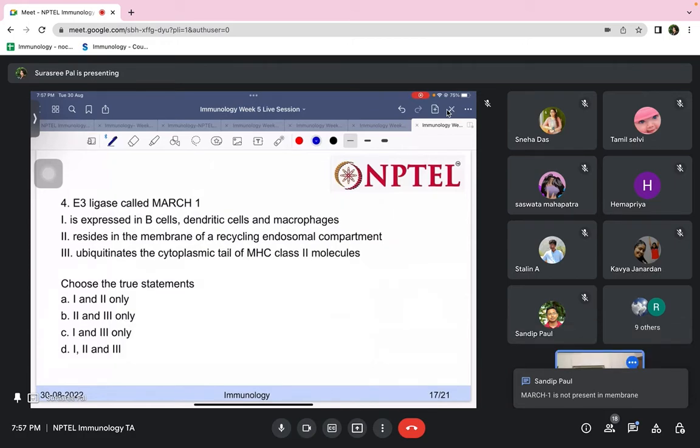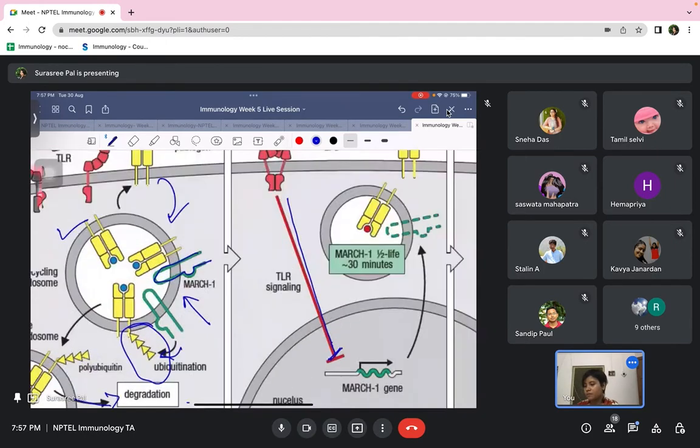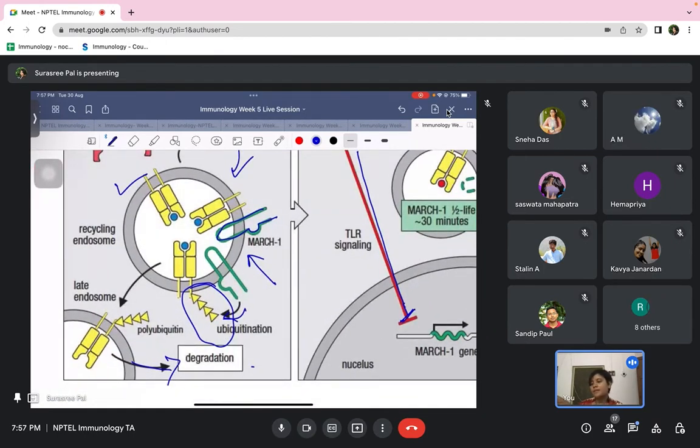Sandeep is saying it does not reside in the membrane. But carefully look at this picture. Where is this MARCH1 present? It is on the membrane of the endosomal compartment, of the recycling endosome, right?